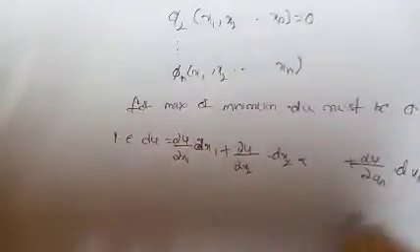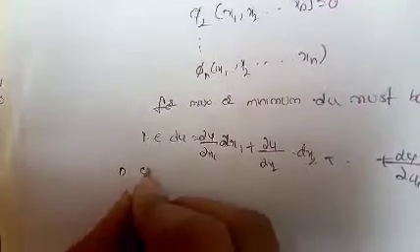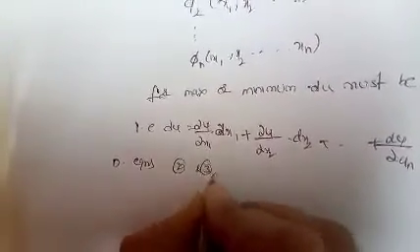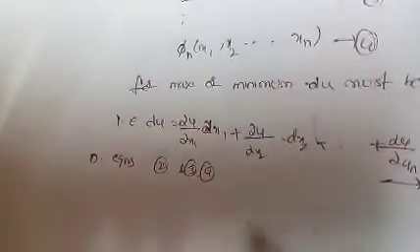So now differentiating the equations 2, 3, 4. What are the 2, 3, 4 equations? These are the 2, 3, 4 equations, this is 2, this is 3 and this is 4, and the given equation is 1, and this summation is 5.